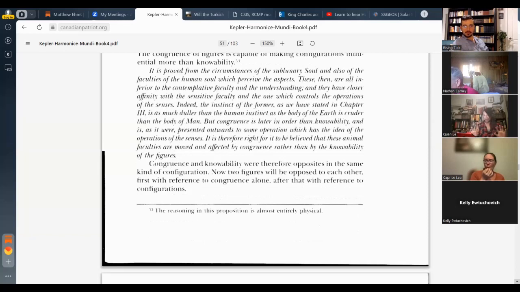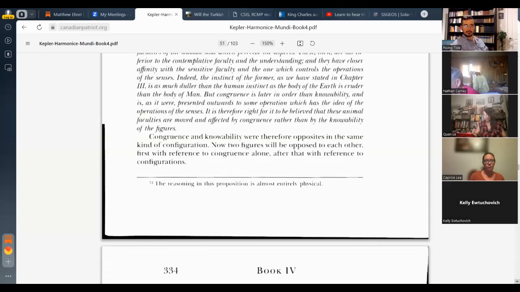And here we have a marvelous opposition between knowability from the soul and congruence, not the congruence as object of the soul, but congruence as measure physically, as the note mentioned. Congruence and knowability were therefore opposites in the same kind of configuration.